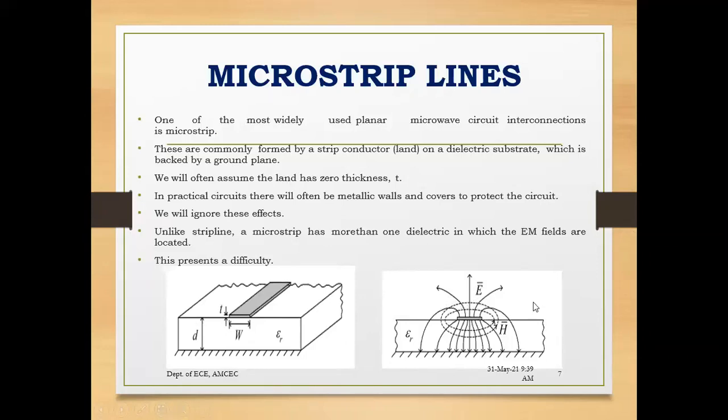I mean, it is above the upper end of the strip line and it comes back to the ground. This kind of transmission or mode of propagation, we call quasi-transverse electromagnetic waves.